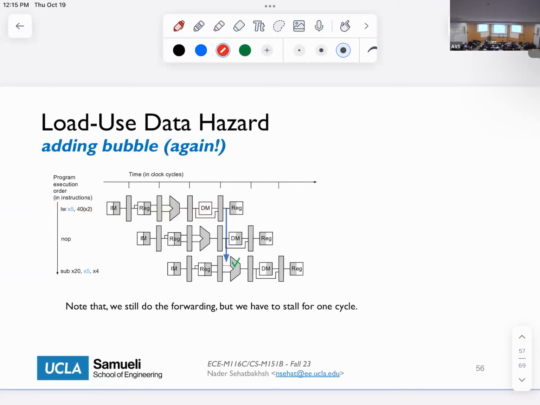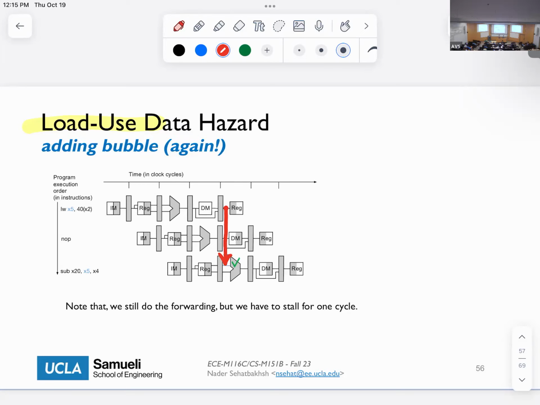All right. But what are we doing? So for load use hazards, we're going to do the stalling, inserting a bubble. But as I said, you can use forwarding from here to here, and that will fix the issue of stalling for two cycles. If we didn't have the forwarding, then we had to stall for two cycles.